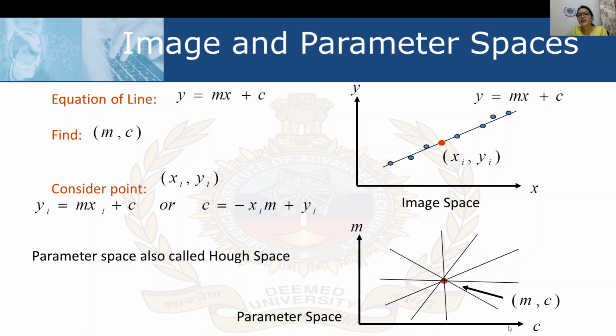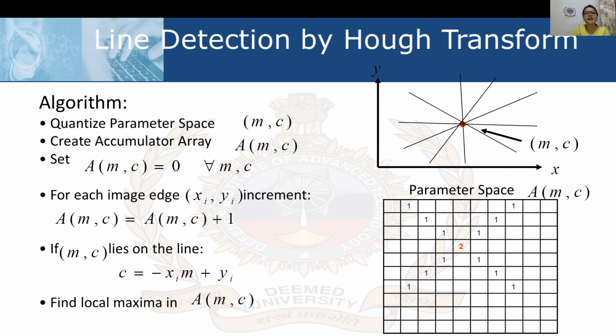Using various scales on c as well as m, we keep putting the values of xi, yi pairs obtained after the edge detection, and we get the maximum vote at the location where the actual line needs to be present in the image space. We will see in detail how the algorithm works.